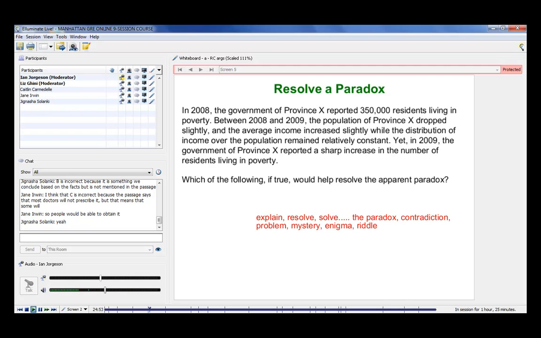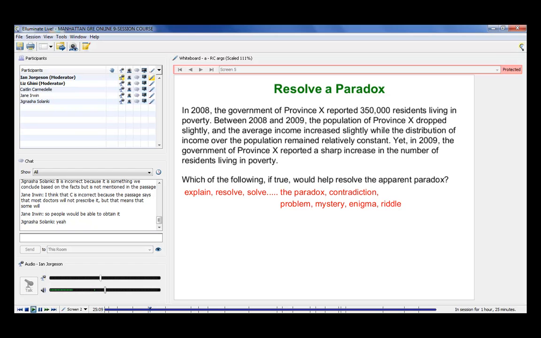So that's how they're going to phrase these. They're going to ask you to solve, resolve, or explain a paradox, a contradiction, a problem, a mystery, an enigma, a riddle. And every time you get one of these, they're going to work the same way.